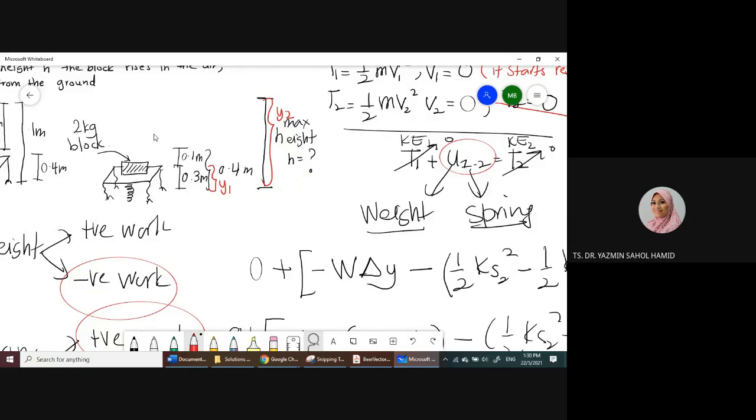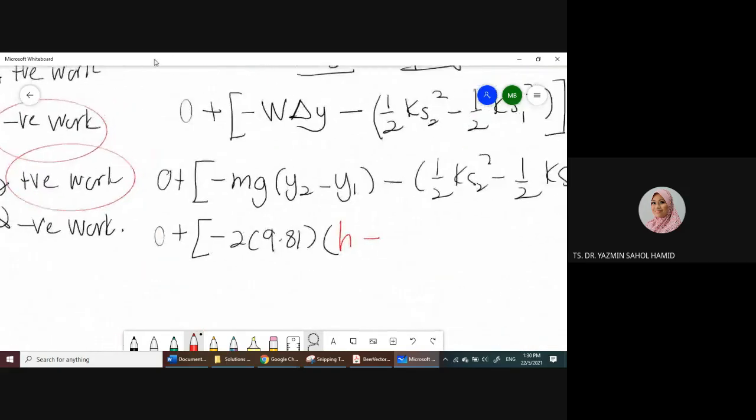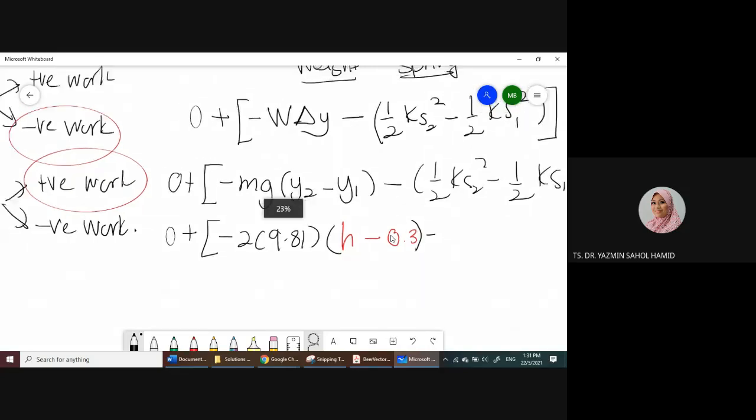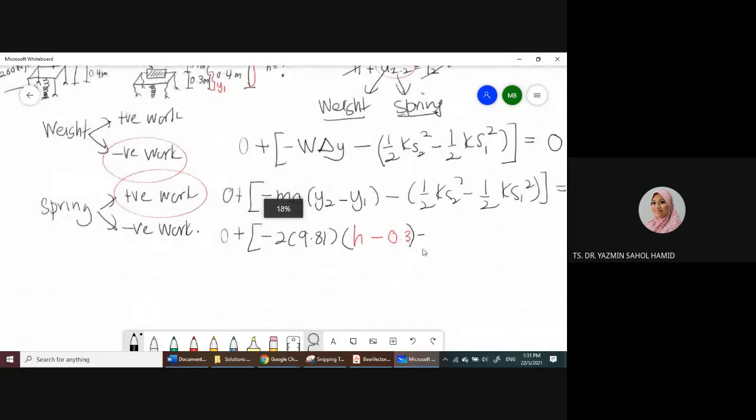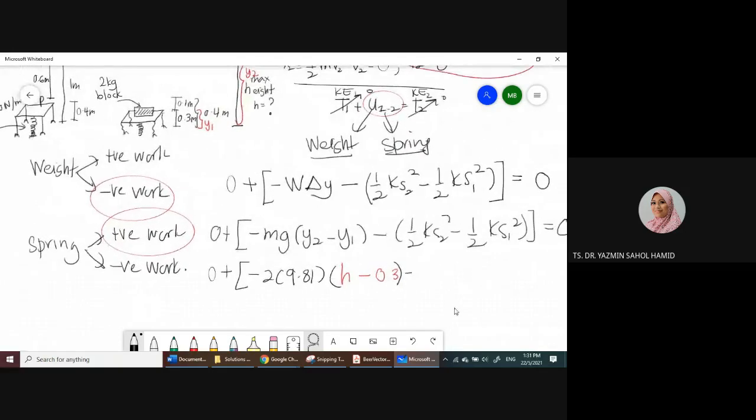When it has a weight it is 0.3, but when it is released, we want to find out what is Y2. Do you understand? So our Y2 is H and our Y1 is 0.3. It's okay, guys. Don't worry. This is only just one question. You need to try other questions for you to understand more, because other questions are different.